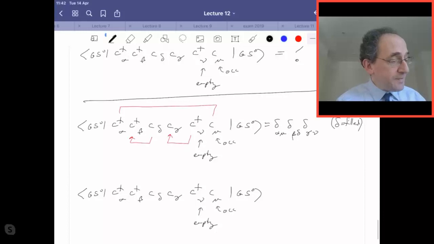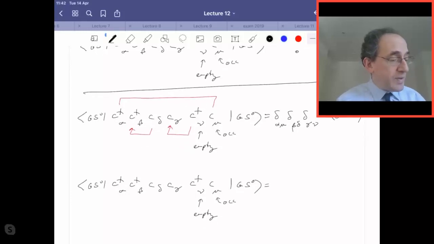The second term, okay, let's try the second one. We can match up mu with alpha again, and then I can match up nu here with delta and gamma with beta. Okay, so this thing is going to be delta alpha mu again.